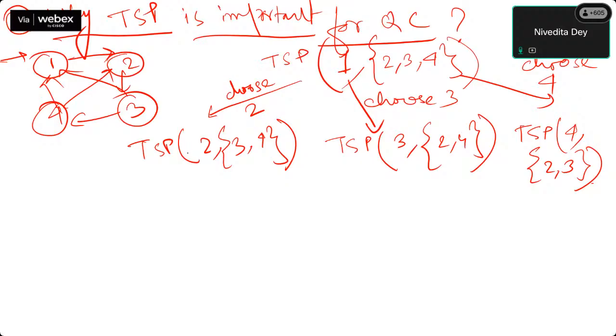Now, similarly, say again I choose 3. So the path is 1 to 2, 2 to 3. So it will be TSP 3 comma 4.